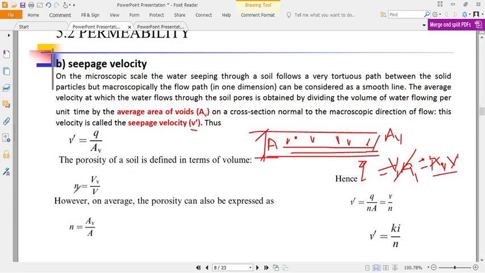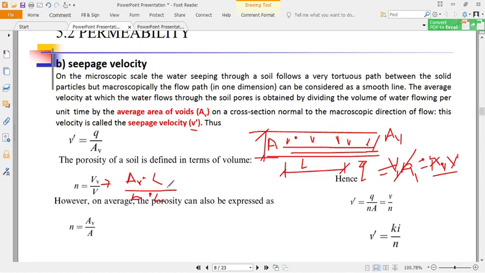But you know that porosity is equal to Vv, the volume of voids, divided by the total volume. We are assuming that the length of the soil and the length of the interconnected void is the same. If L is constant, this translates into area of voids times L, divided by total area of the sample times L. Because L is the same, L cancels out.